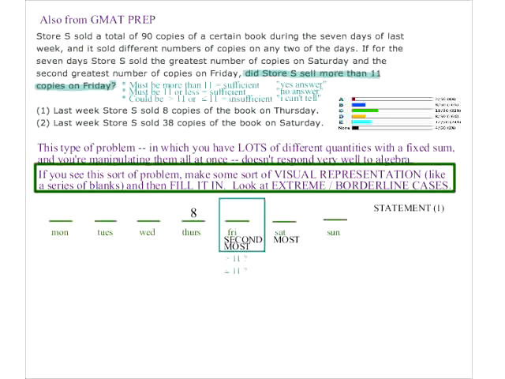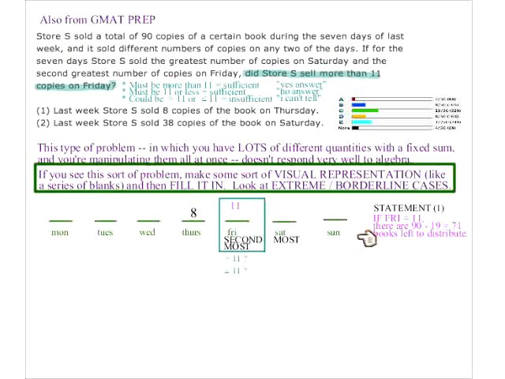So 11 on Friday would mean that, if Friday is 11, there are 90 minus 19, 71 books left to distribute. And as long as we can distribute 71 books somehow, we're good.